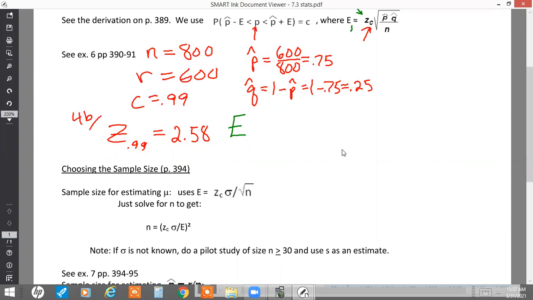And in your book, notice they use approximately equal, right? So the error is approximately equal to your Z sub C value, which was 2.58, times the square root of P hat, which turned out to be 0.75, times Q hat, which turned out to be 0.25, all of that divided by n, which is 800.